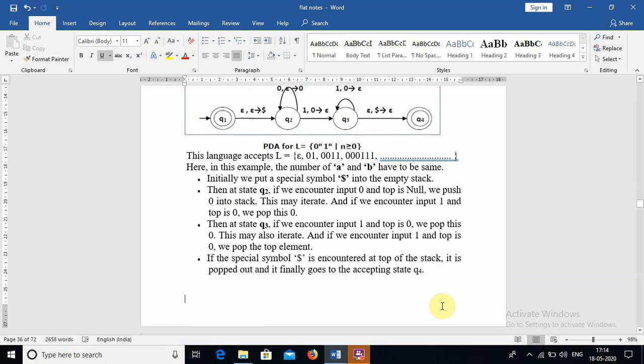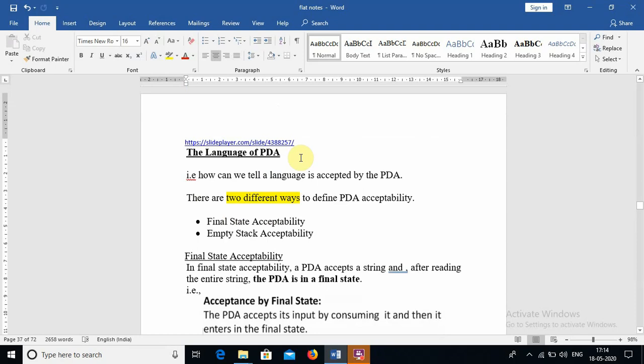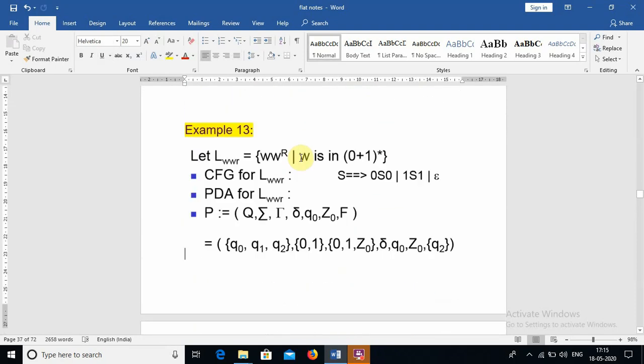That's why we started from epsilon as an input string. In the previous examples we took epsilon as a front end, but here epsilon is one of the strings. So the construction is given like this; you have to read the concept and understand it. I defined many examples, you go through all these things.